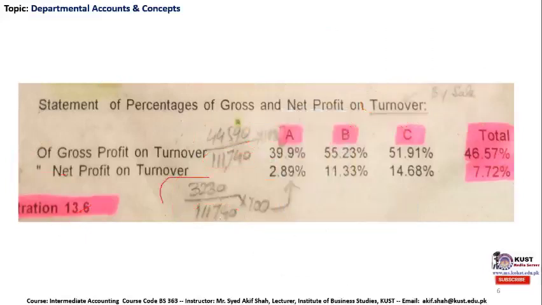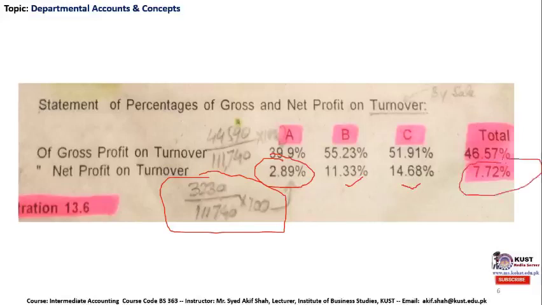By dividing the net profit by the sales volume of department A, we come up with 2.89%. So we can infer that the net profit margin of department A is 2.89%. For department B, the net profit margin is 11.3%, and for department C, it is 14.68%. However, the total net profit margin of the business is 7.72%.